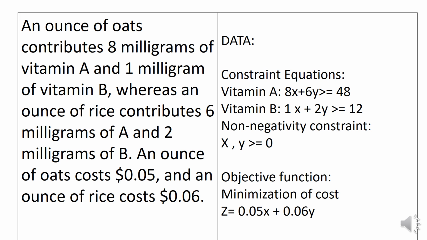And you see, 1 milligram of vitamin B in oats and 2 milligrams of vitamin B in rice is there. So you see we have developed the constraints accordingly.